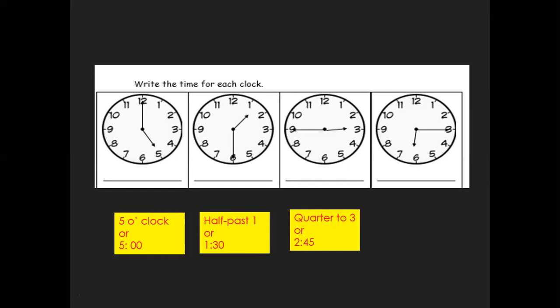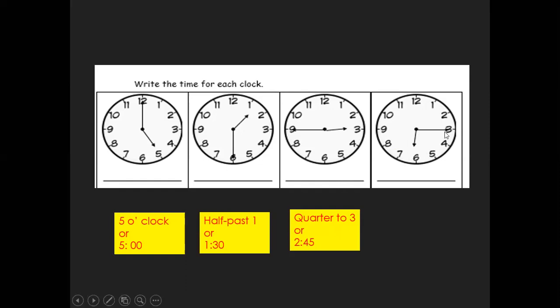The last one is, this clock is showing the hour hand pointing between 6 and 7. So which is to be used? Of course, the smaller value, which is 6. And then the minute hand is pointing towards 3, which is 15 minutes.